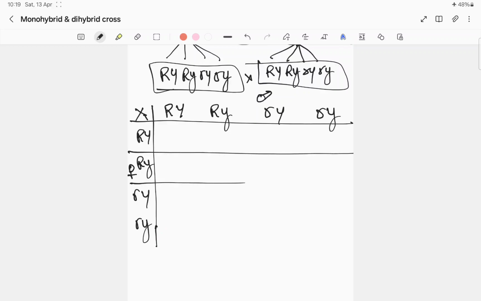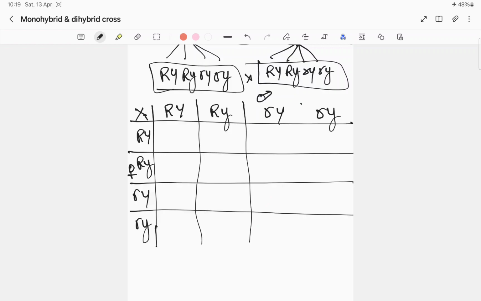Let's draw some rows and columns just to avoid confusion. Here the gametes will be written, capital R, capital Y, small y, corresponding to each, right?